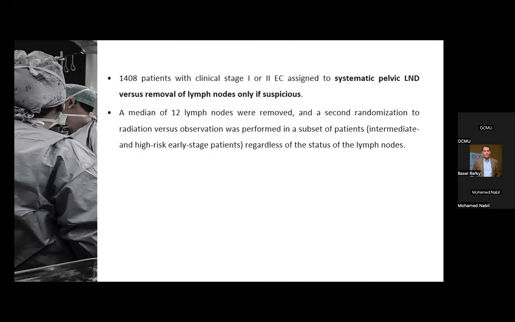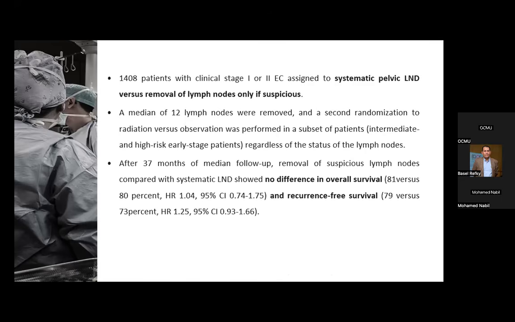A median of 12 lymph nodes were removed, and a second randomization to radiation versus observation was performed in a subset of patients, regardless of the status of lymph nodes. After 37 months of follow-up, we found that removal of suspicious lymph nodes compared to systematic lymph node dissection showed no difference in overall survival and recurrence-free survival.